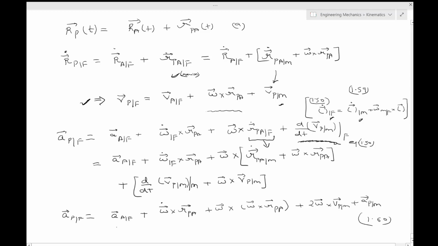So let's see this term as it is, this term as it is. This term is basically this and this one. This cross this is actually contained over here, and this 2 times is coming because once this omega cross v_pm is coming from over here, and then the second is coming from over here. So until there that is clear. Let me just remove all this.